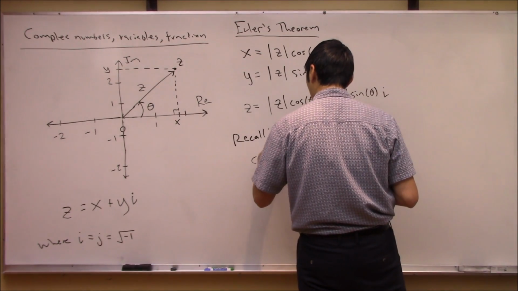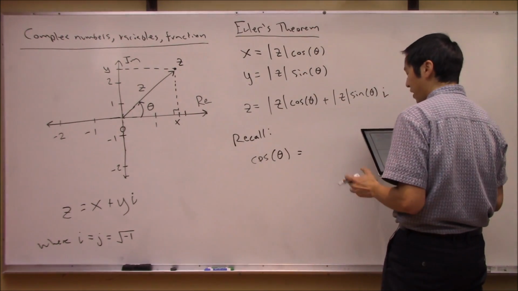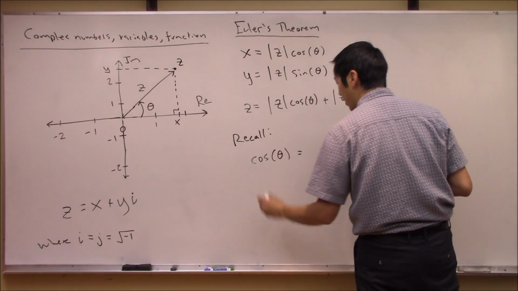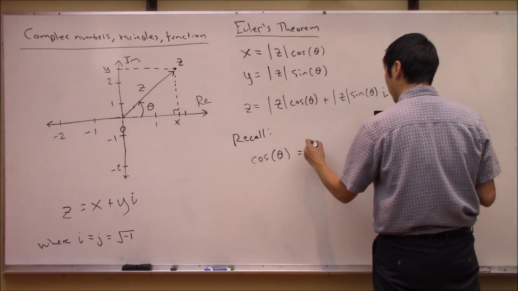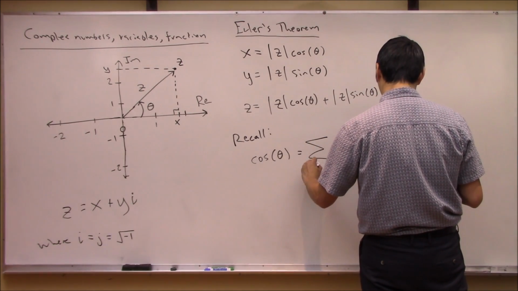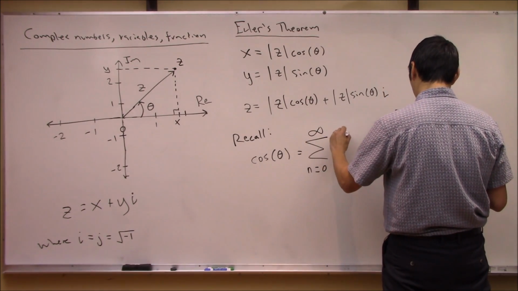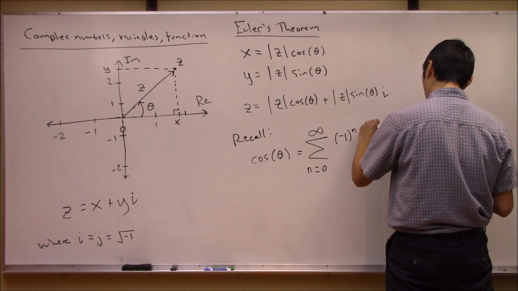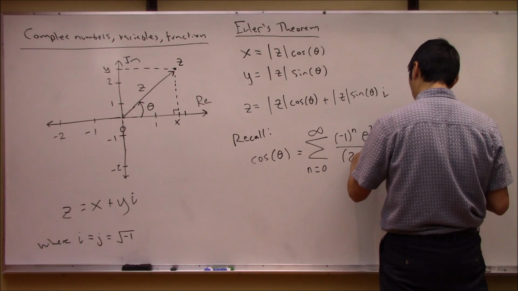Cosine of theta, the definition of cosine is actually an infinite series. Cos is just an easy way so we don't have to keep rewriting this infinite series. The infinite series for cosine is the sum from n equals 0 to infinity of this quantity: minus 1 to the n times theta to the 2n, all over 2n factorial.